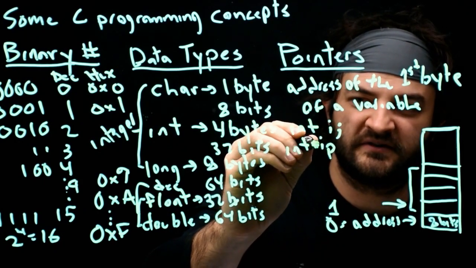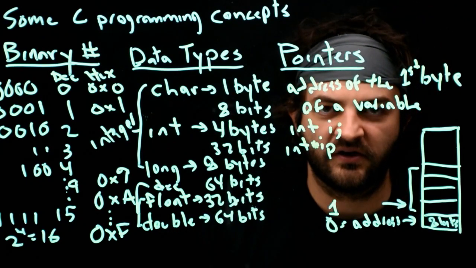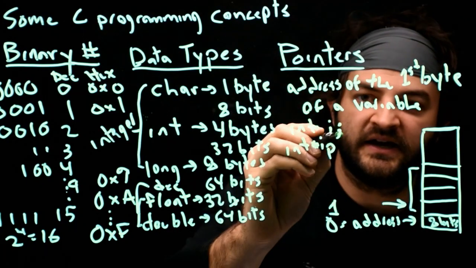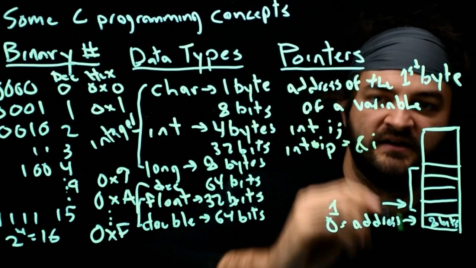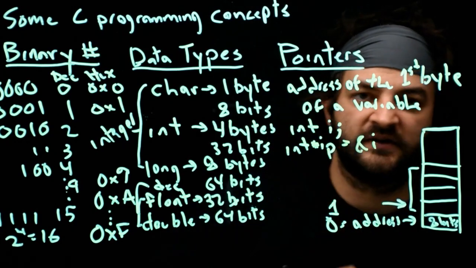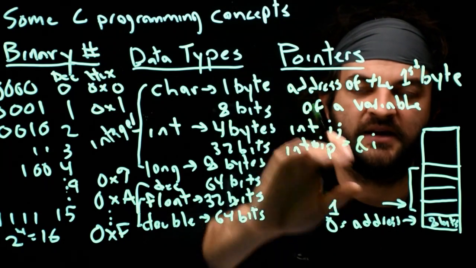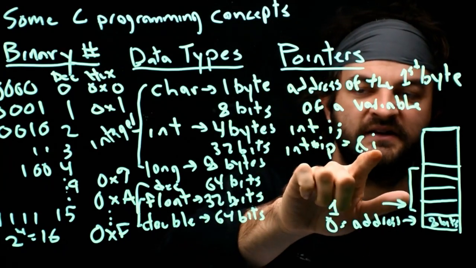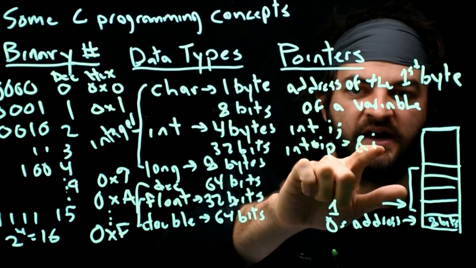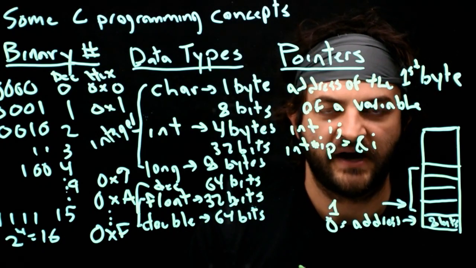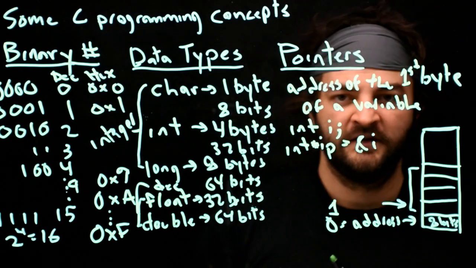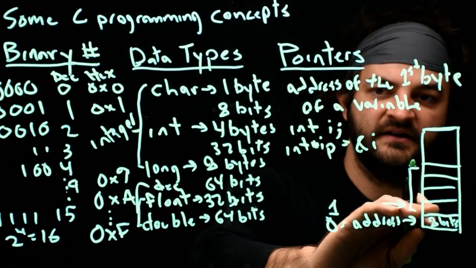So I'm going to put a star in between here. So int star ip is a pointer, and I could say it stores the address of i. The ampersand character in front of the variable name i means go find me the address of integer i and store it into this variable ip. So ip would tell me the address of i.